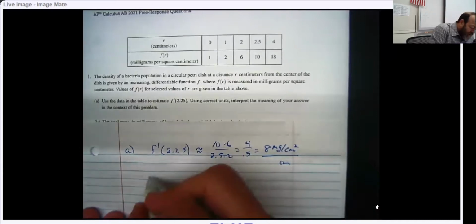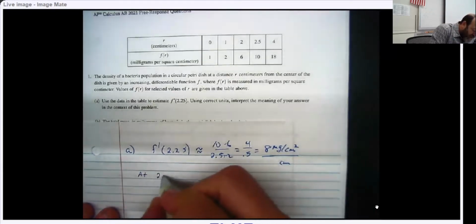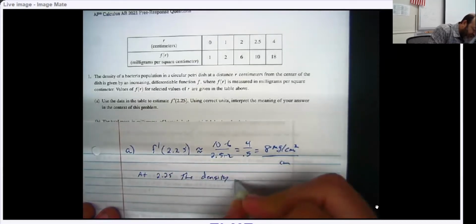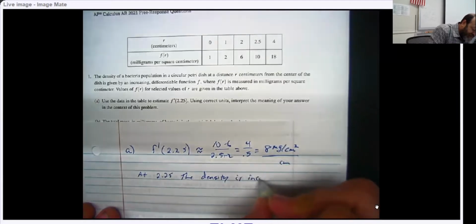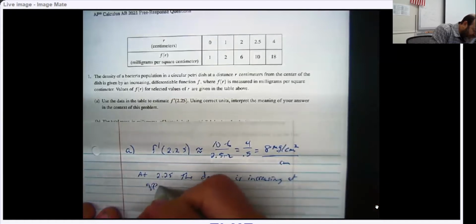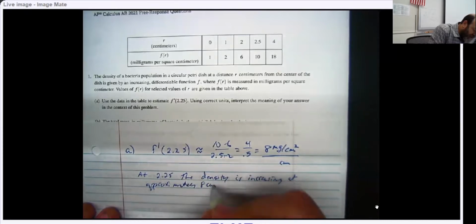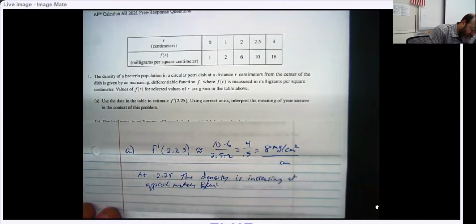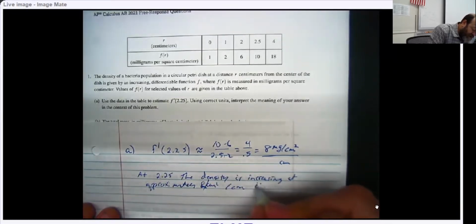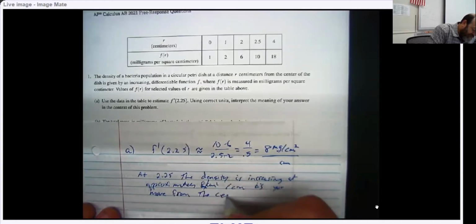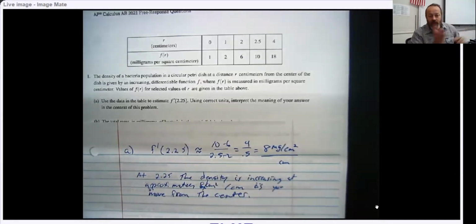So what that actually means is at 2.25, the density is increasing at approximately 8 milligrams per square centimeter per centimeter as you move from the center. So anyway, good enough. There we go.